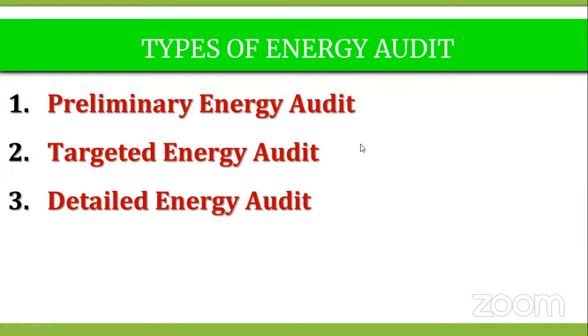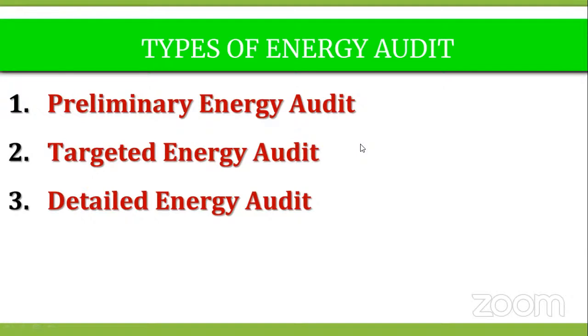So to take up the previous day, as one day was in between the previous class and this subject, we will just summarize the points discussed earlier without going into depth. The types of energy audit were preliminary energy audit, targeted energy audit, and detailed energy audit.